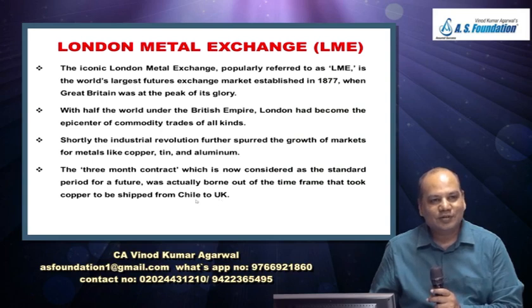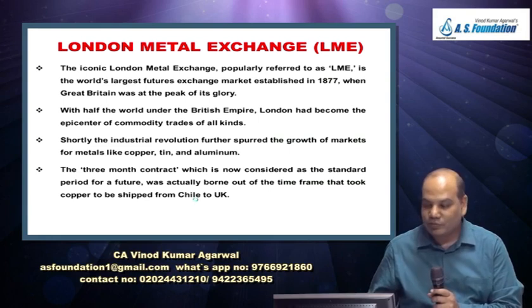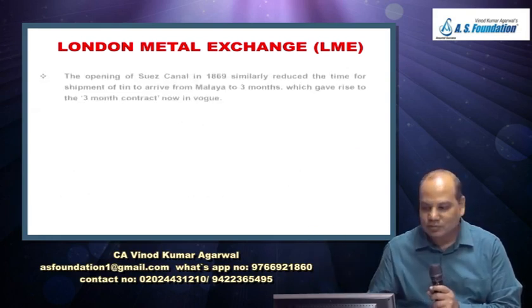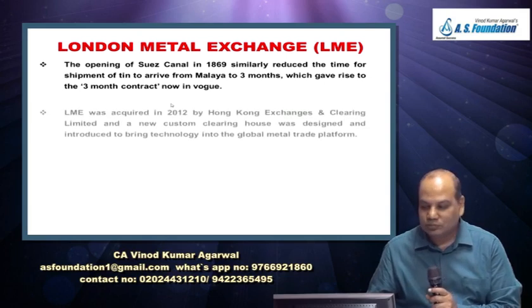It took 3 months to transport from one location to other, and accordingly they decided that the future will have a 3-month maturity period. And then opening of Suez Canal in 1869 similarly reduced the time for shipment of tin to arrive from Malaya to 3 months, which gave rise to 3-month contract now in vogue.